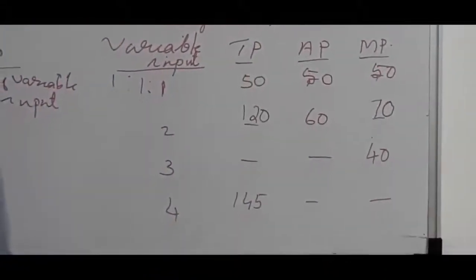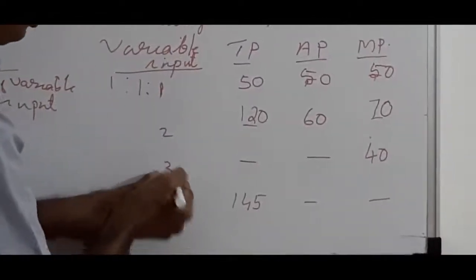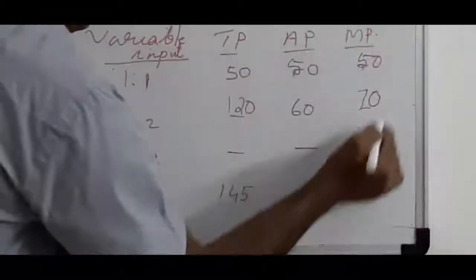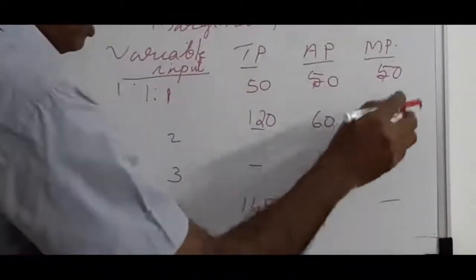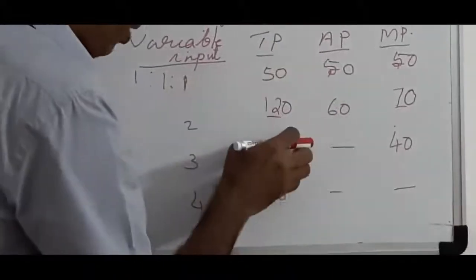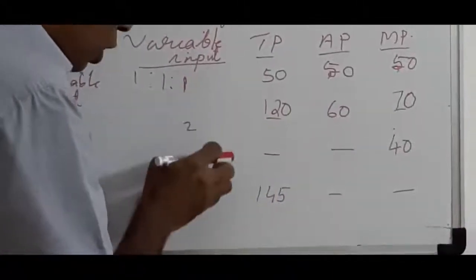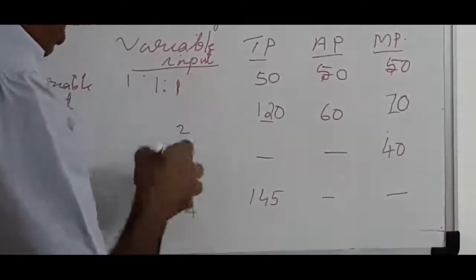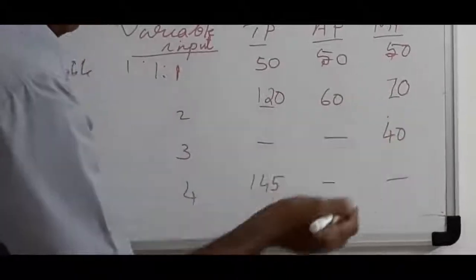Right. Then again he increases the variable input to 3, and the marginal product is given. That means marginal product is the addition to total product, the increase in total product as a result of a new or additional unit of variable input.